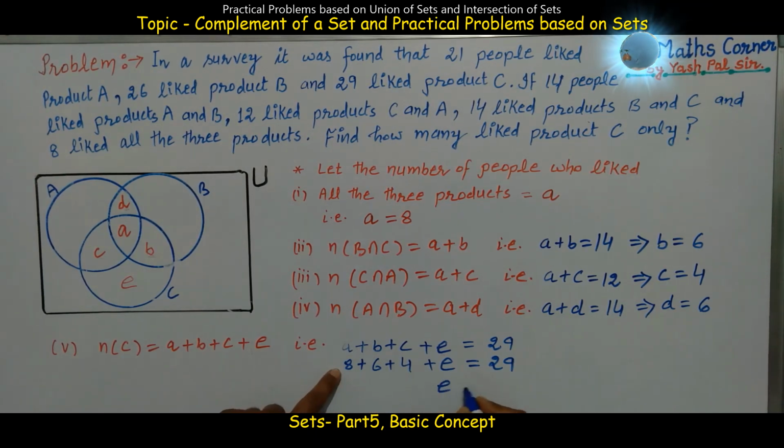So E is equal to 29 minus 18, which is equal to 11.